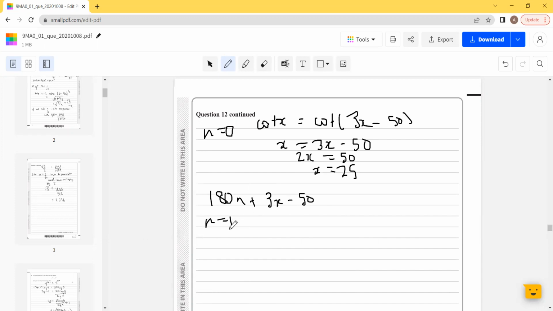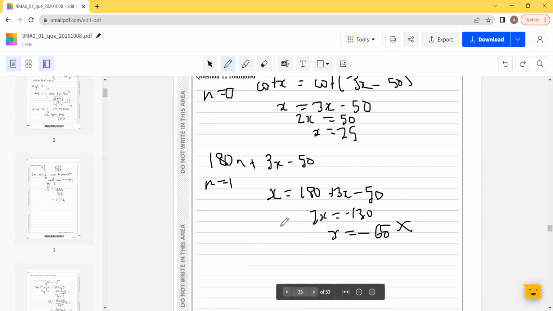When n is 1, x is simply equal to 180 plus 3x minus 50, which would lead to me saying that 2x is equal to minus 130, which would mean that x is minus 65, which is not something we want.